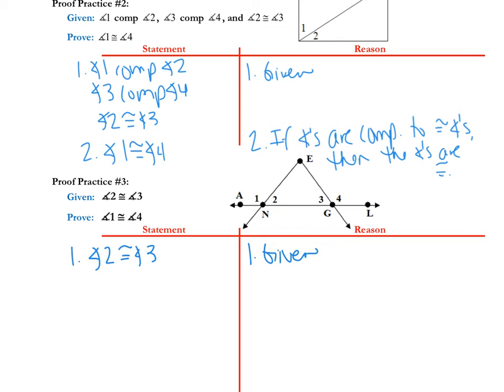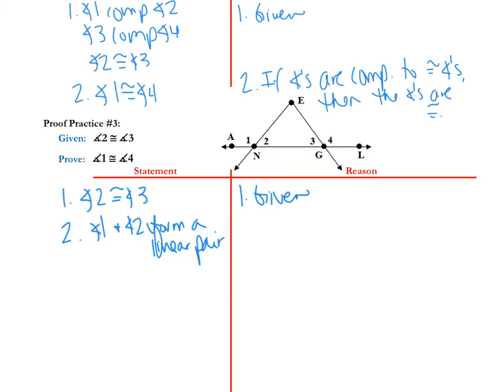We can see from the diagram that angles 1 and 2 and 3 and 4 make a linear pair, but we have to prove that. So we can assume that angle 1 and angle 2 form a linear pair, and that angle 3 and angle 4 form a linear pair.